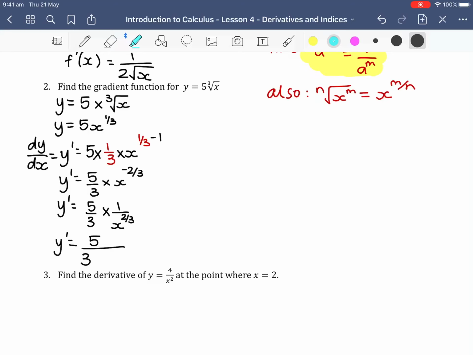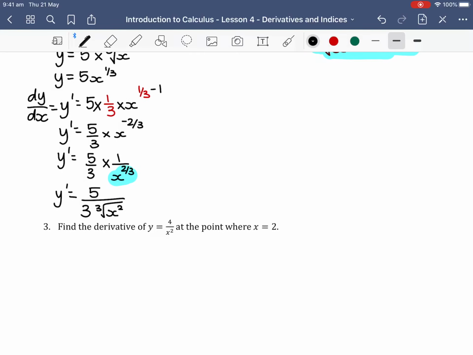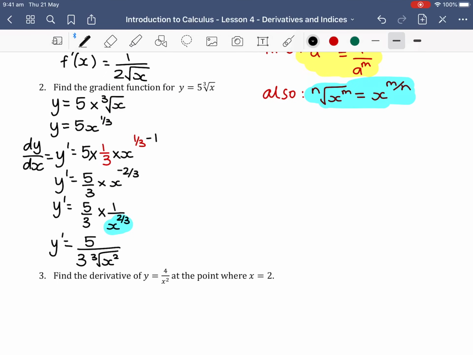So that means our x to the power of 2 over 3 converts to the cube root of x squared. That is our answer. So we found the gradient function for y equals 5 cube root of x.